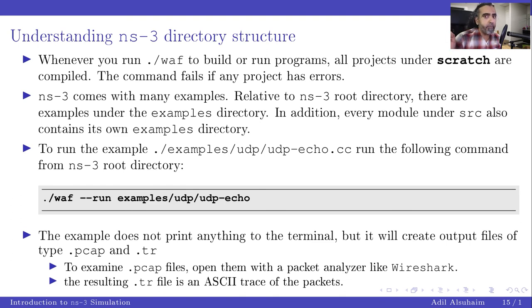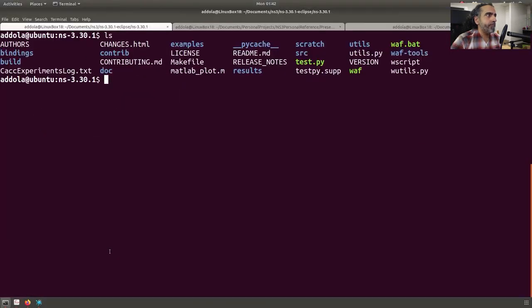And if you didn't disable warning errors, then if there are warnings, it will stop on warnings. Anyway, so this example, if we run it, UDP echo.